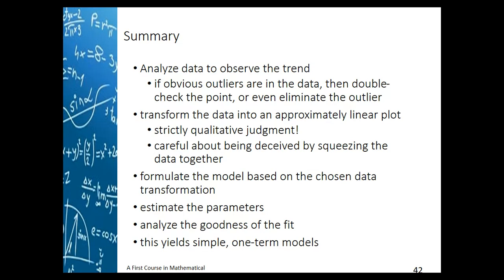Okay, so these are the summary. You need to analyze your data and observe a little bit of a trend. If you have a very obvious outlier, you can eliminate the outlier. That is one way. I know if you study statistics, normally you just eliminate your outlier, or in some other approach you can find the average and replace your outlier with this average.